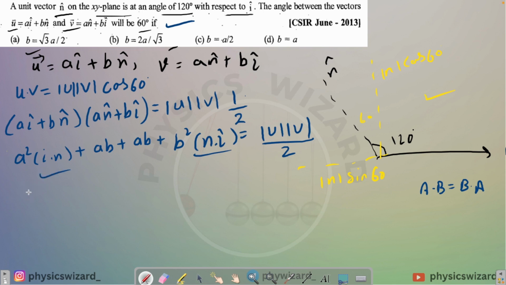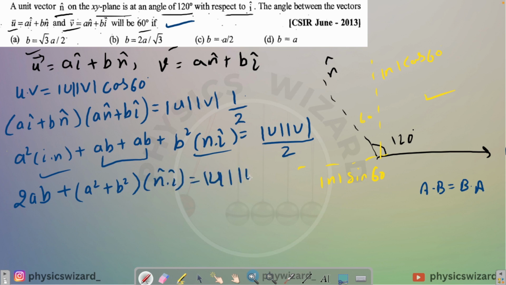So we can write it as 2ab plus a square plus b square, and we take here n dot i cap, equals u and v by 2. Now we have two things to calculate here, n dot i and magnitude of u and v. So first we calculate n dot i.